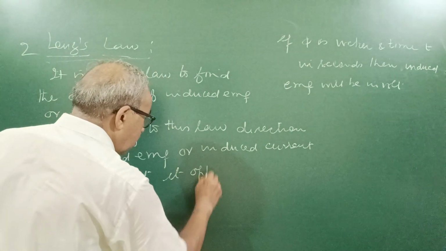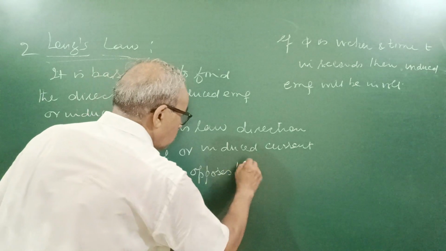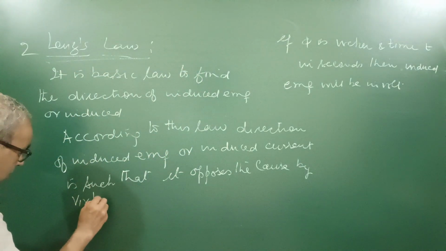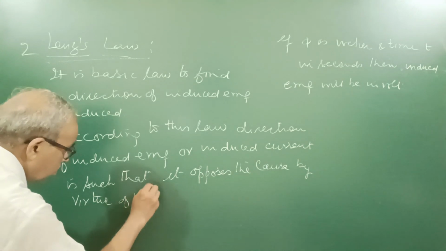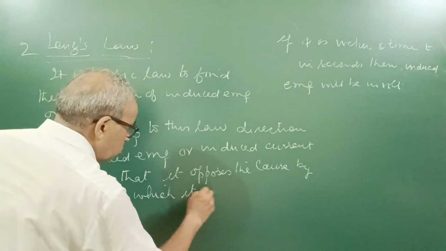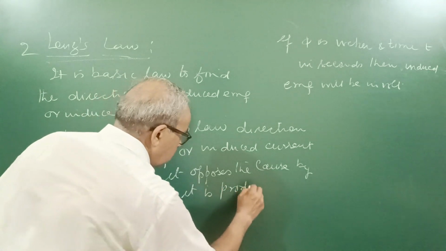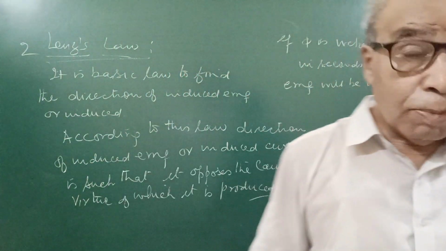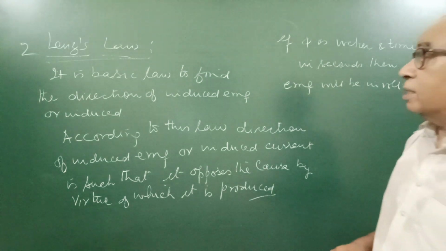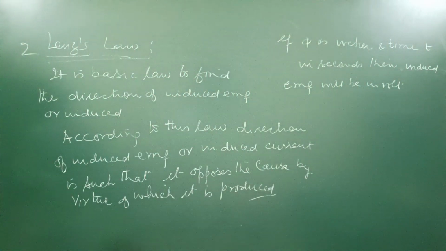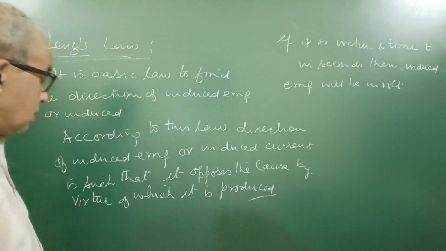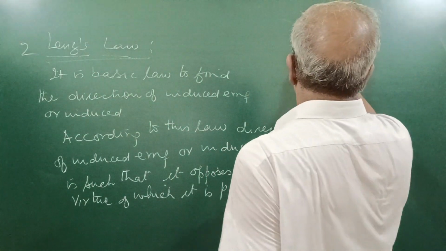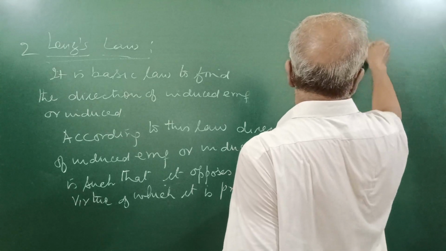The direction of induced current says that it opposes the cause by virtue of which it is produced. In Hindi we can say that the induced current opposes the very cause that produces it. Applying Lenz's law to Faraday's law, we can write E is equal to minus n d phi over dt.